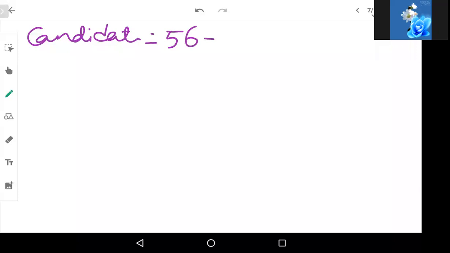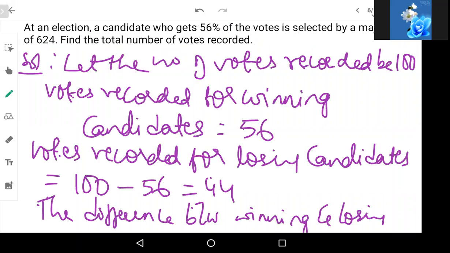But to lose, if they have got 44 votes, that means they have lost. So what is the difference? 12 is the difference. Correct? Now, let us go back to the question.